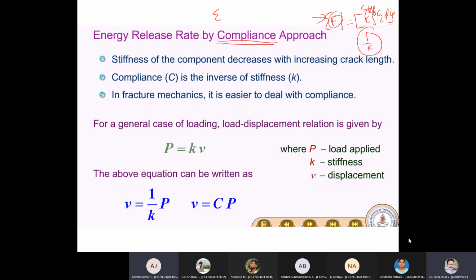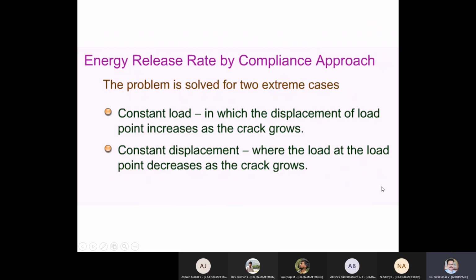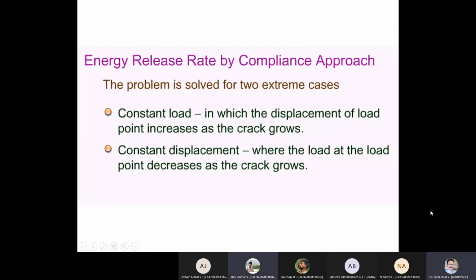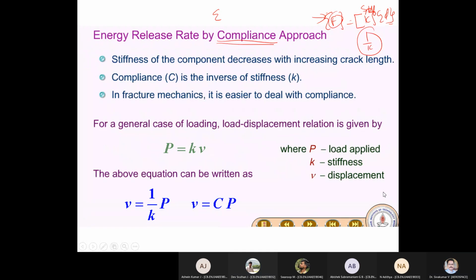I think she opened the thing and she left. Probably somebody is trying. Can we proceed? Others are not there? Network problem, sir. Hello, Sandita.